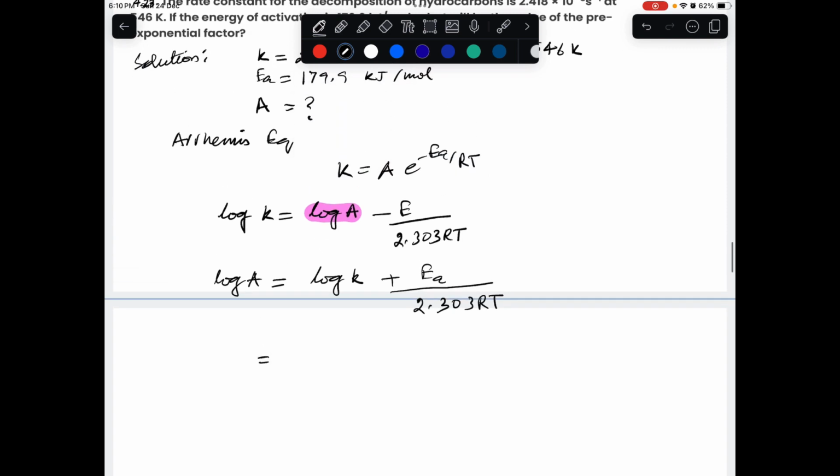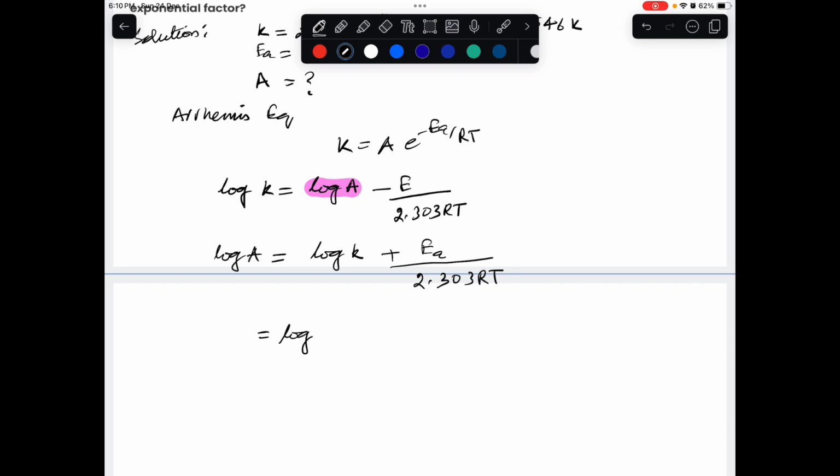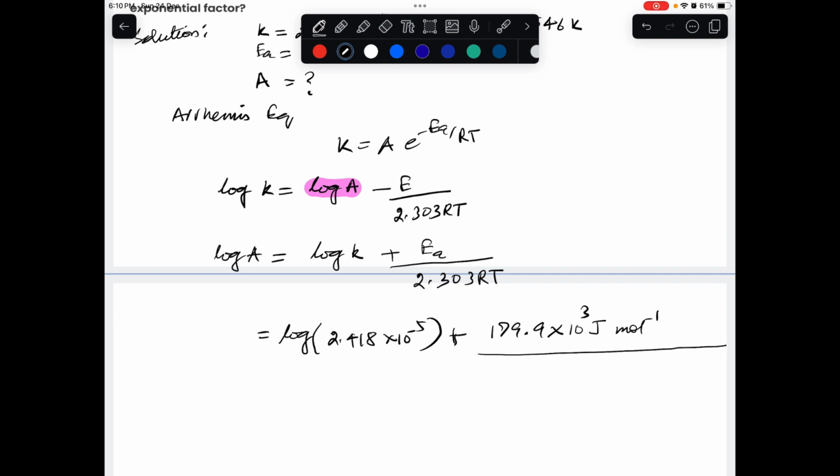The value of K is given to us: log of 2.418 into 10 raised to the power minus 5, plus EA, which is 179.9 kilojoules, so we multiply by 1000 and write the unit as joules per mole, divided by 2.303 multiplied by R, the gas constant, 8.314 joules per Kelvin per mole, into 546 Kelvin.